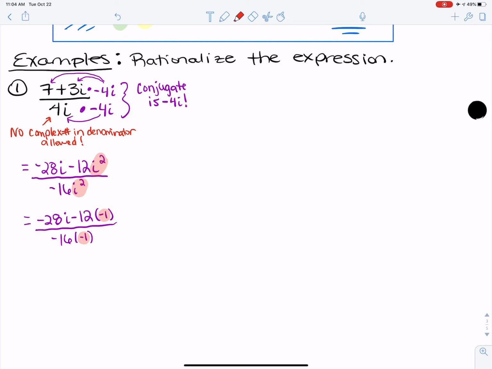Next we need to simplify: negative 28i plus 12 all over positive 16.